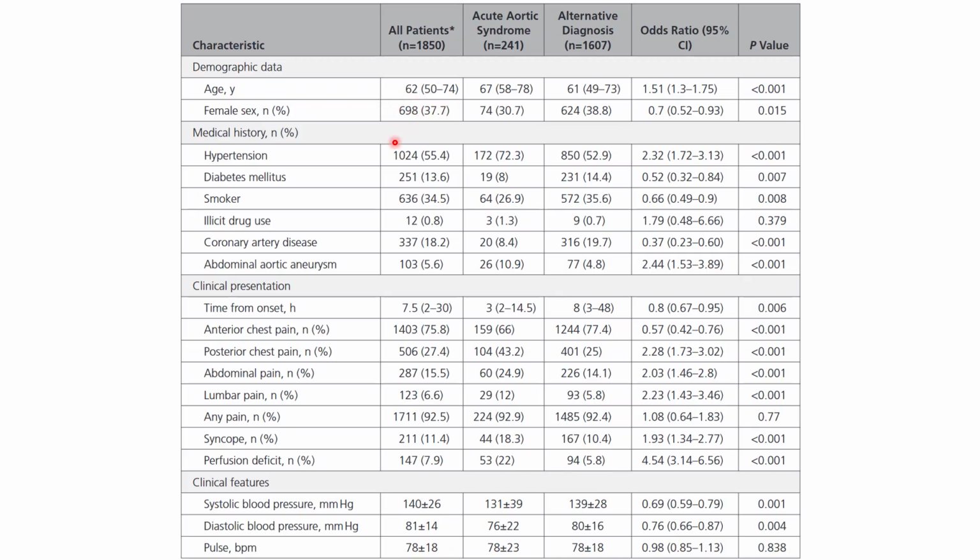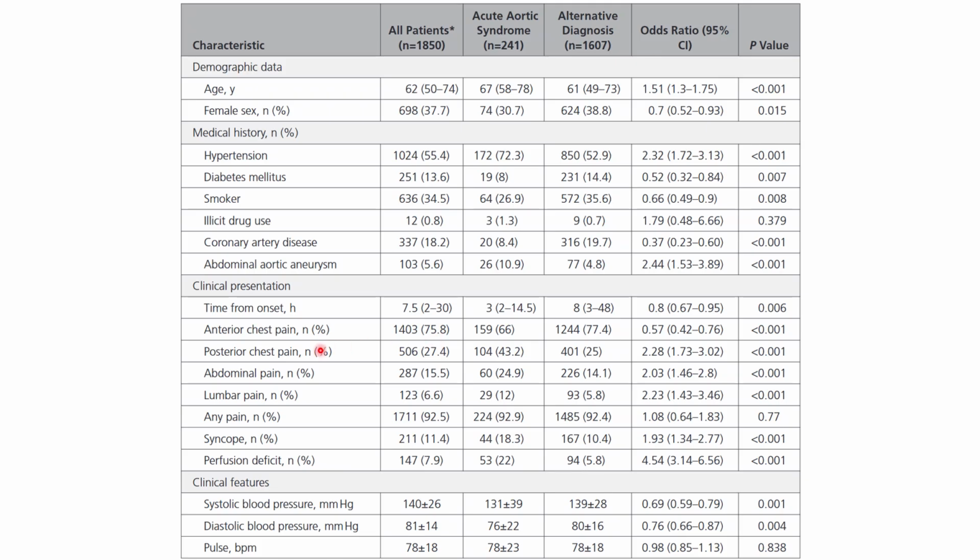Age is around 60 years, ranging from 50 to 74, so no one below 50. Then more than half of them had hypertension and so on. You can look down here. Looks good. Looks like the group we want to check out, or the ones that we usually see in the ED. They don't stick out in any way.